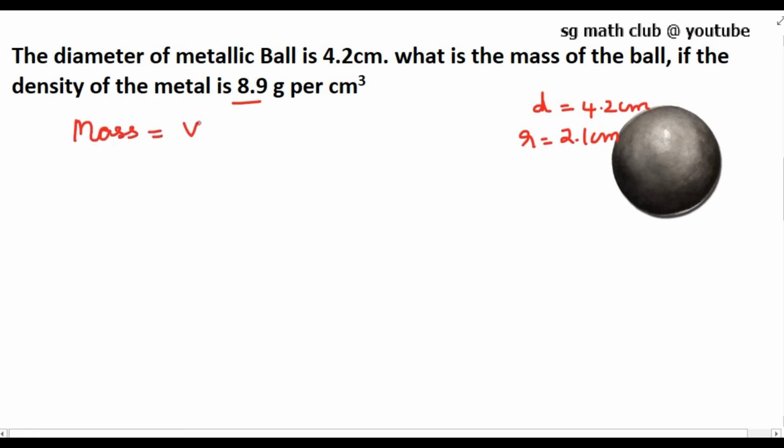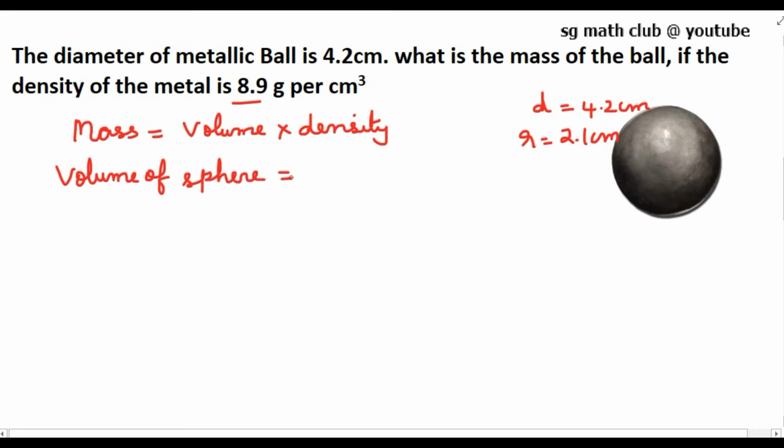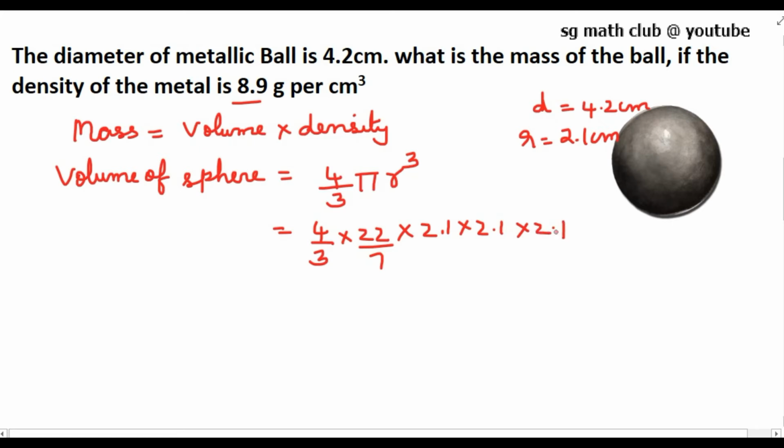We know that mass is equal to volume into density. First we will find the volume of the sphere, since the metallic ball is in the shape of a sphere. Volume of sphere is 4 by 3 pi r cube, which is 4 by 3 into 22 by 7 into 2.1 into 2.1 into 2.1.